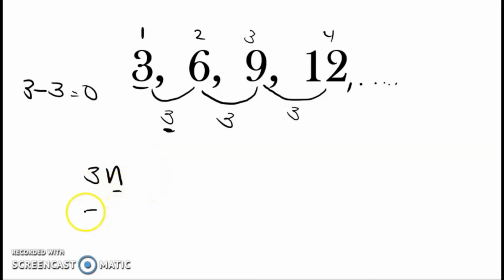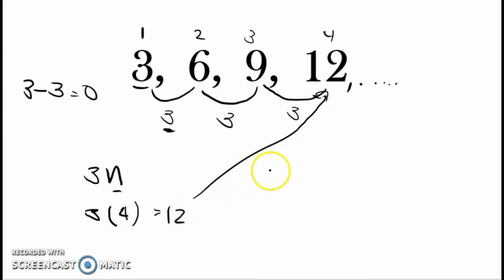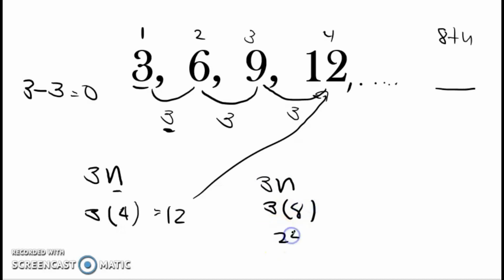So example natin, 3 times 4, that is equal to 12. So tama, di ba? O kung sabihin natin ang hinahanap natin ay ika-8 term. Okay, ano kaya yun? So 3 and this is our formula. So magiging 3 times 8. So the answer is 24. That is the 8th term.